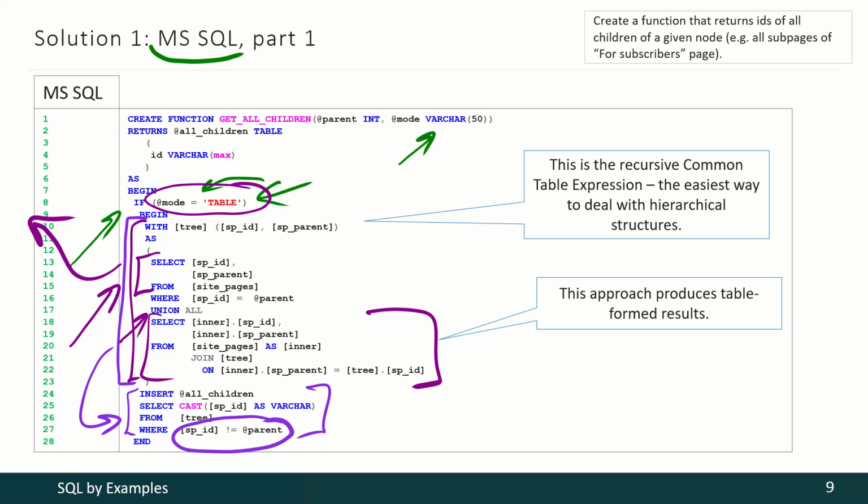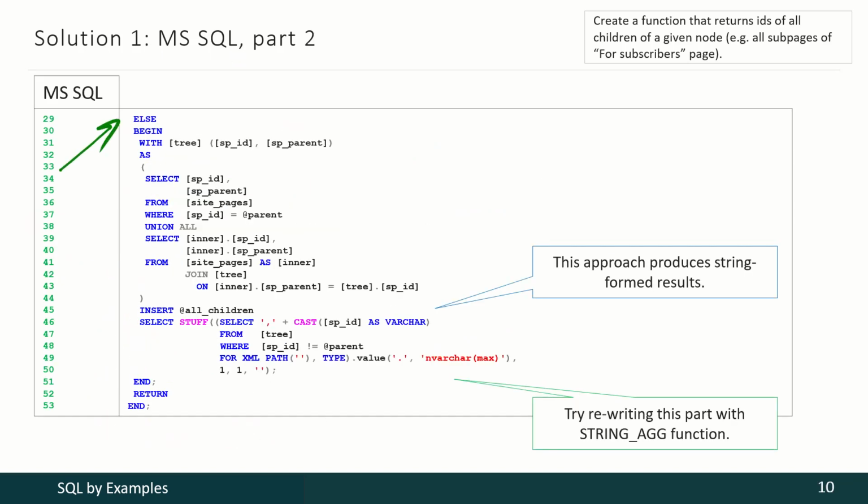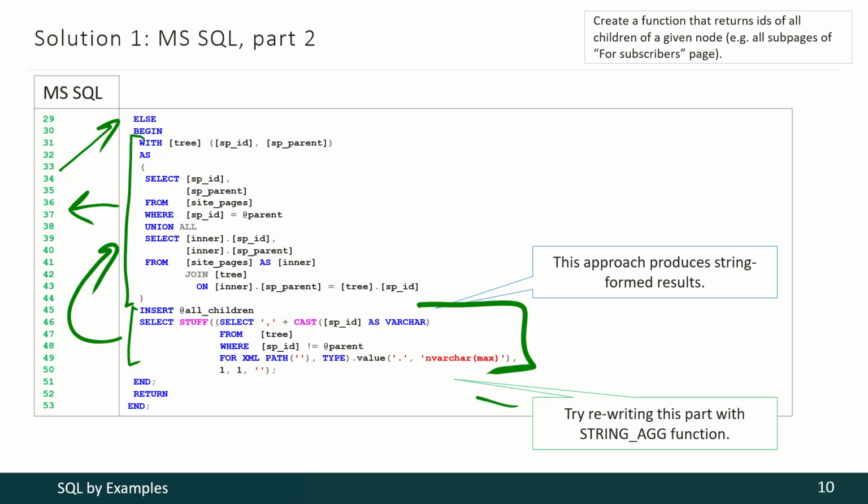But if we want the result as a single string, we also have to execute the same common table expression, and then we have to select all data from that result and present it in a string form. Yes, of course, this solution may be rewritten with the string_agg function, so please do it yourself. And also we have to mention that the first approach, the table one, will produce a table.